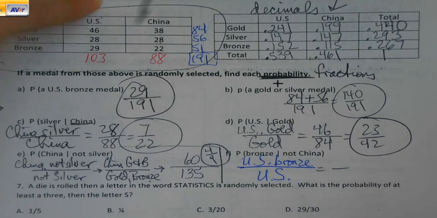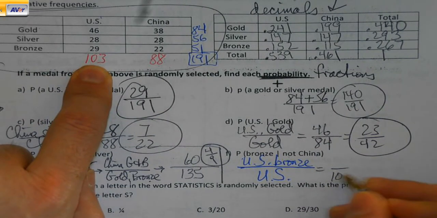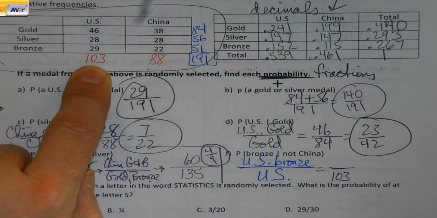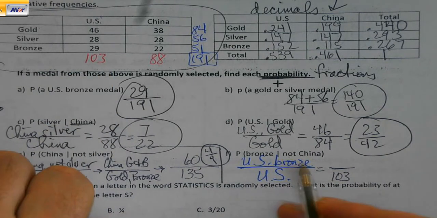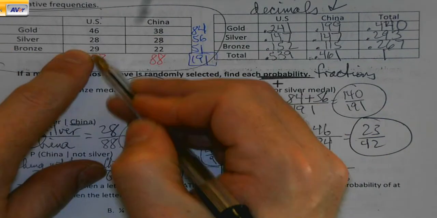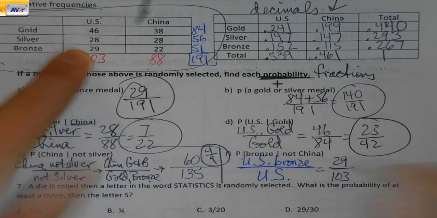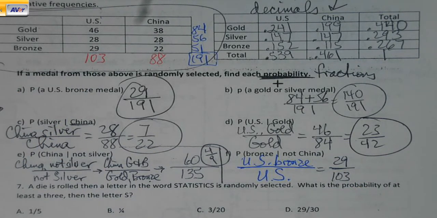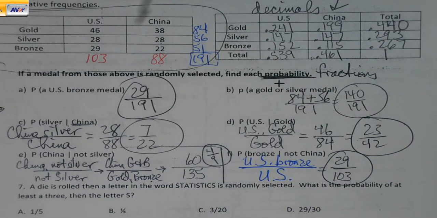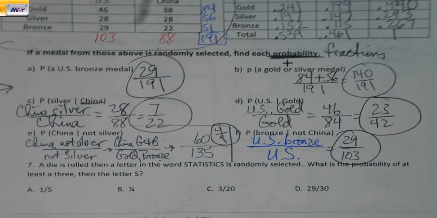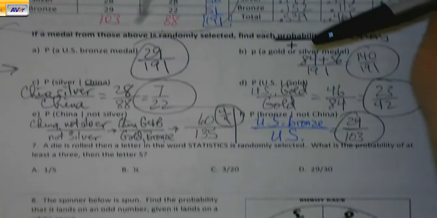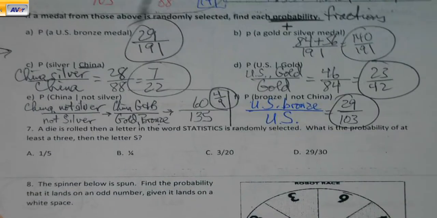So total up the U.S., okay. U.S. bronze. Give it the quick check. Make sure it doesn't reduce anymore. It doesn't. And we're good to go. So we've got to keep playing those as we're doing this.